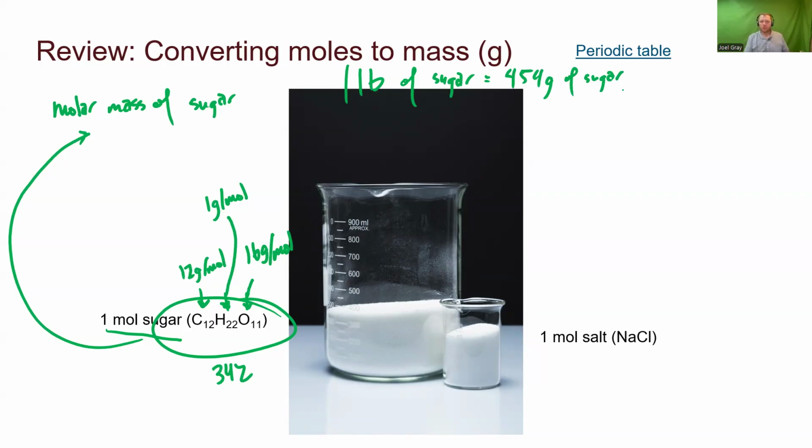Now let me ask you this. Just thinking about all these different numbers and these different terms, let's imagine that I had 1 pound of sugar. Do I have more than a mole? Less than?